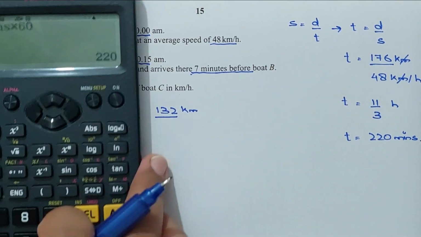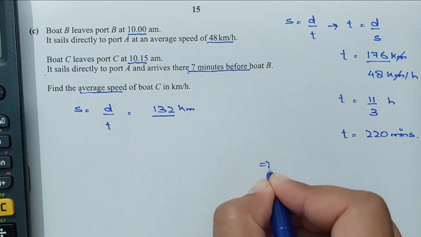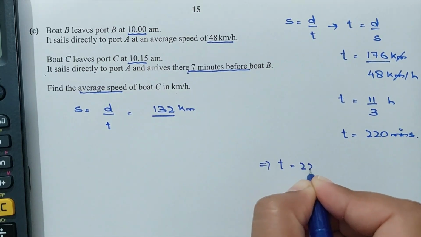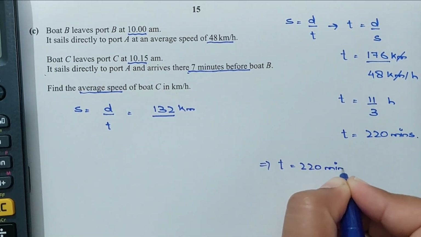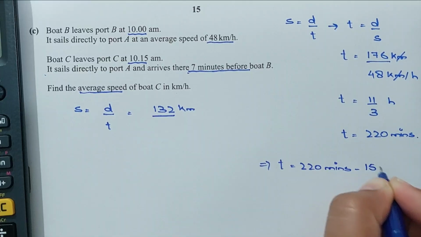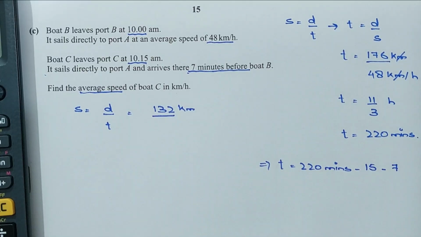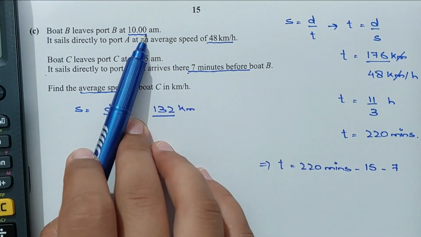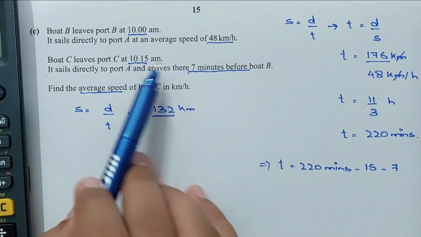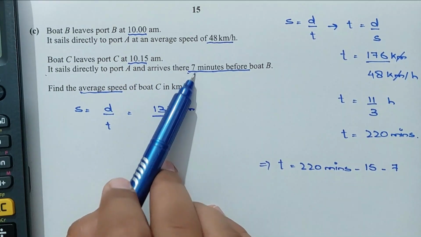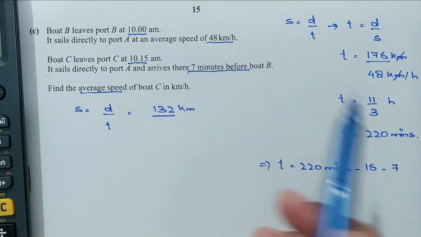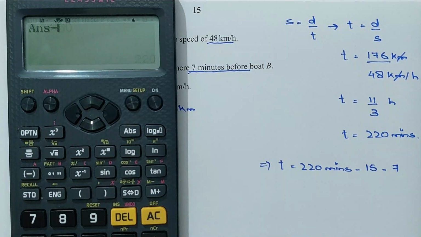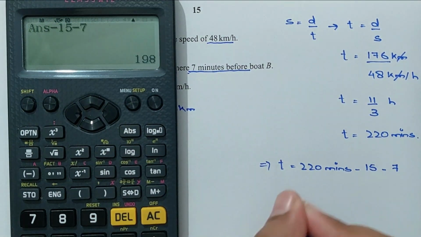So from 220 minutes, we have to subtract 15 minutes and 7 minutes. Minus 15 minus 7.